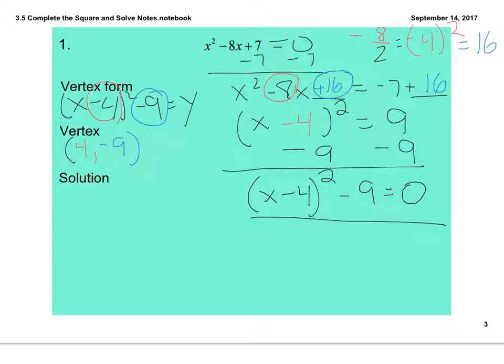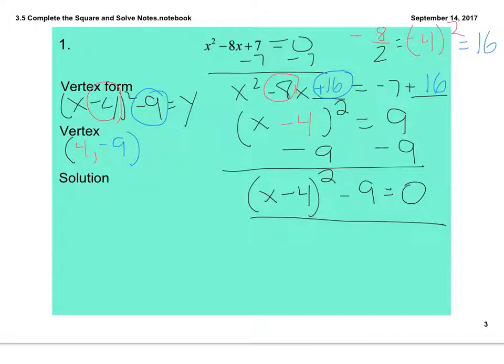Again, I can confirm this if I go through on my calculator, plotting both y1 equals x squared minus 8x plus 7 and y2 as x minus 4 quantity squared minus 9. When I do that, the y1 and y2 values will be the same. Our vertex is (4, negative 9). It's a minimum.